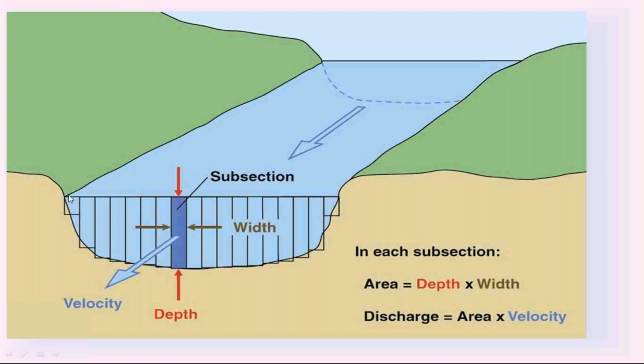I can take this channel bottom as almost rectangular. So by knowing this depth of water flow in the river, I can calculate the wetted area.